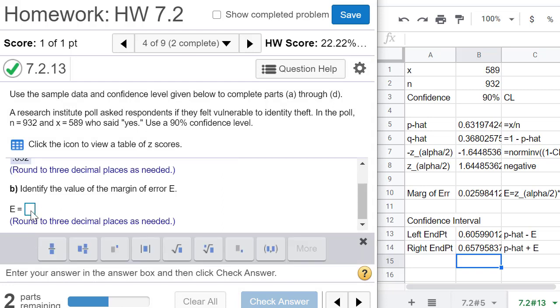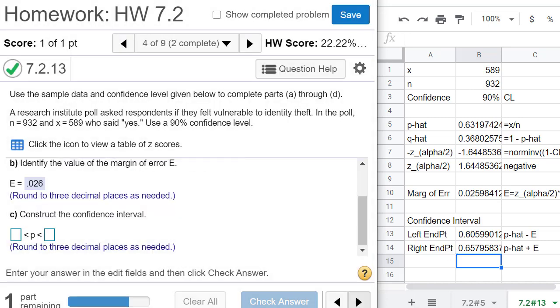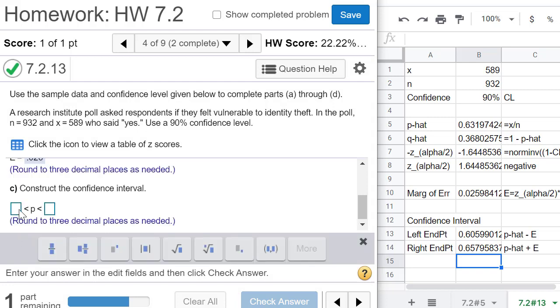Value of the margin of error, we have done the computation, and that is 0.0259, rounded to 3 decimal places, is 0.026. Next, the actual confidence interval. We'll start with the left endpoint, rounded off to 3 decimal places, is 0.6059, so that's 0.606. And our upper is 0.6579, so that rounds off to 0.658.